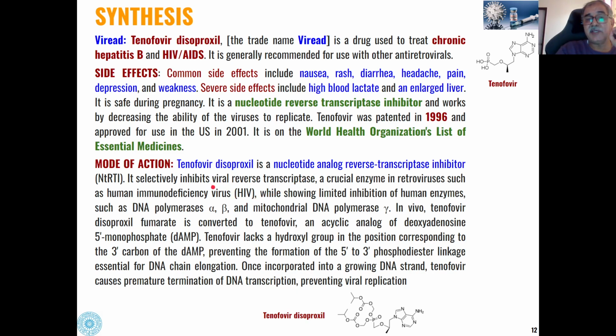It selectively inhibits the viral reverse transcriptase enzyme in retroviruses such as HIV or other hepatitis B viruses. It also inhibits DNA polymerases alpha, beta, and mitochondrial DNA polymerase gamma.